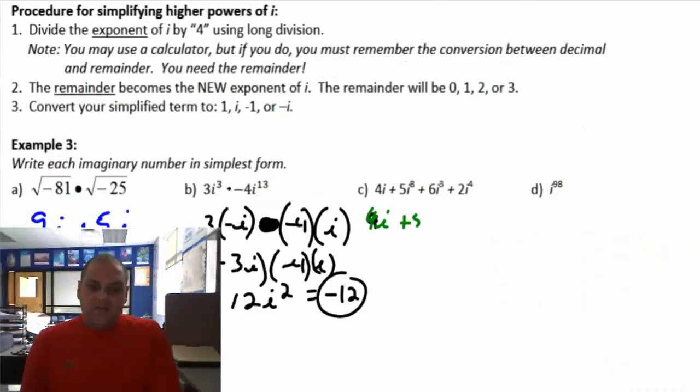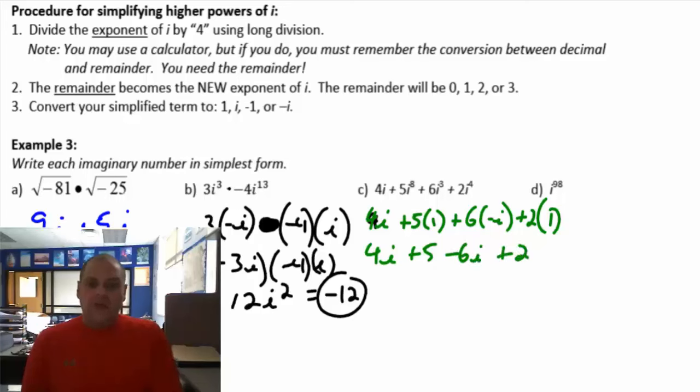So 5 times 1 plus i to the 3rd is negative i, 6 times negative i, and then plus 2 times 1. i to the 4th is 1. So it's 4i plus 5 minus 6i plus 2. Combine like terms, 5 and 2 is 7. 4i minus 6i is negative 2i. You can only combine like terms, and there we go.